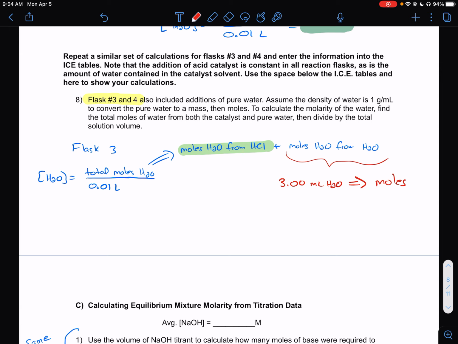Recall that with pure water, the density is 1 gram per milliliter. Right, so if you know it's 3 milliliters, it's also 3 grams. So you should be able to convert that to moles, add that to the total moles to get the initial concentration of water. Once you have that, you can plug in your initial concentrations of water for solutions 3 and solutions 4.